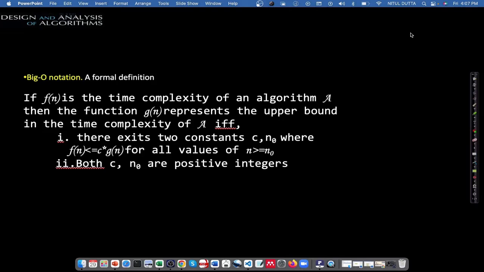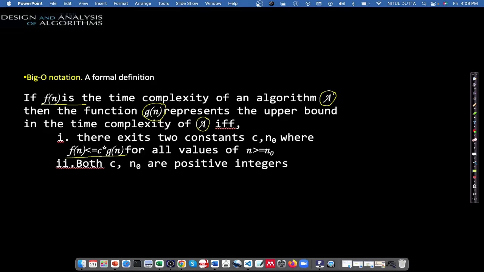A formal definition of big O notation may be like this. If f(n) is the time complexity of an algorithm A, then the function g(n) may represent the upper bound of the time complexity of A if there exist two constants c and n naught, where f(n) is less than or equal to c multiplied by g(n) for all values of n greater than n naught.